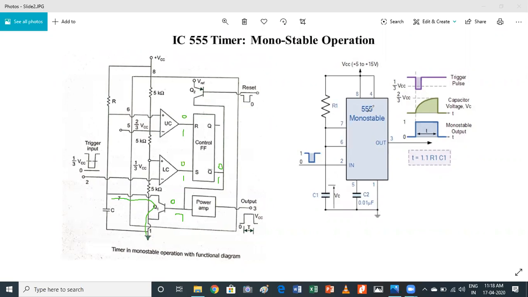Based on the timing components, for that duration it remains in the unstable state. After that it automatically comes back to its stable state. Got it? So it always remains in the stable state without any trigger input.